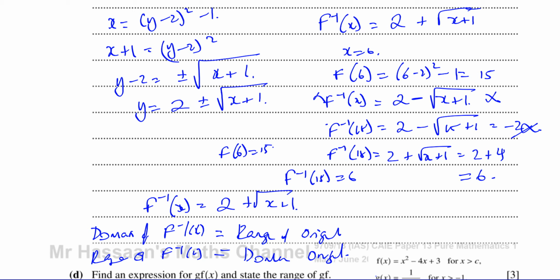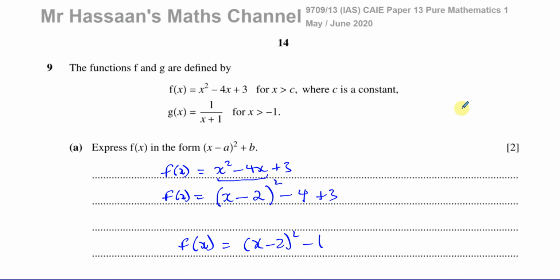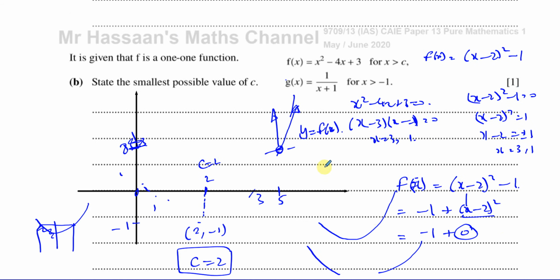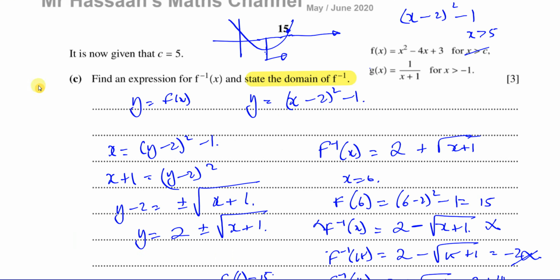What was the range of the original function? We can go back and see. The range of the original function was, when you restrict x to 5, greater than 8.